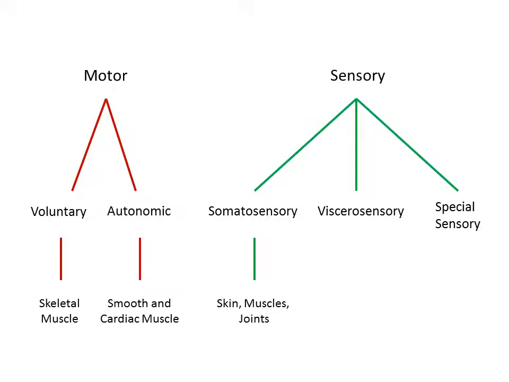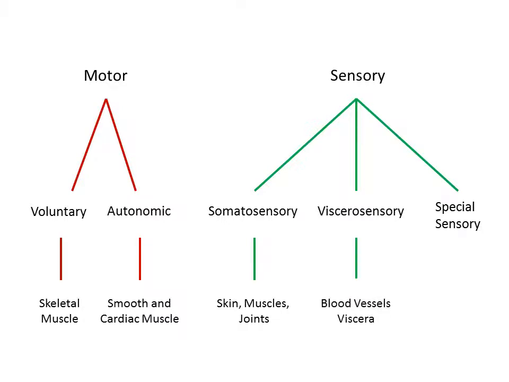When you see the term somato or somatic, it means muscle, bone, and skin, and cutaneous and subcutaneous tissues. So the innervation for sensation of those tissues is our somatosensory system.